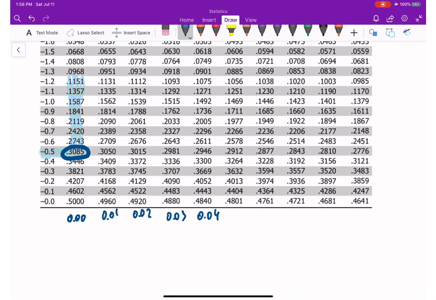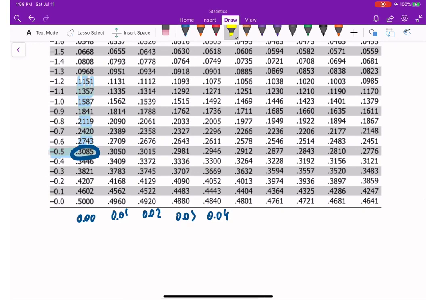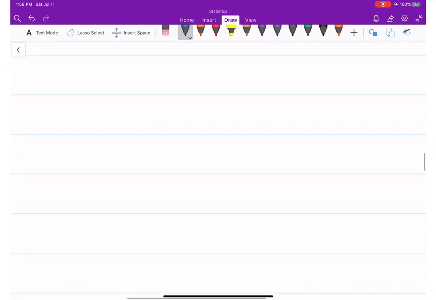So I'm going to come right here, 0.2, starting here, and coming till 4. 0.4052.